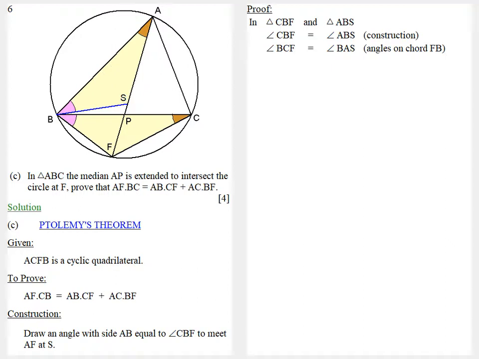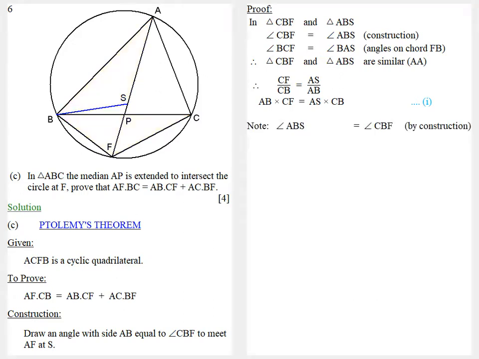These are the angles on the chord FB on the circumference of the circle. Therefore, the triangle CBF and the triangle ABS are similar, AA. So that means CF over CB is equal to AS over AB, and if we cross multiply, AB times CF equals AS times CB. This is our first equation.